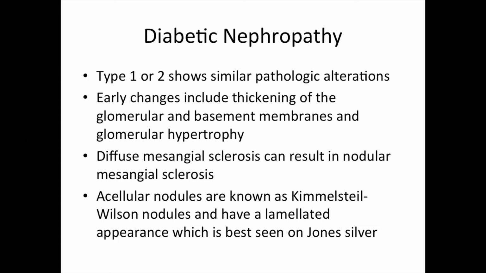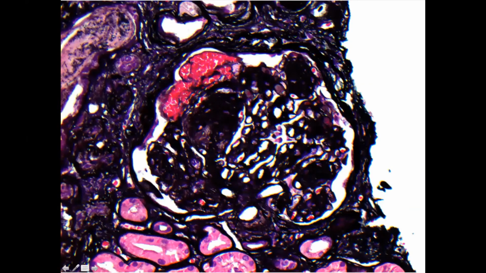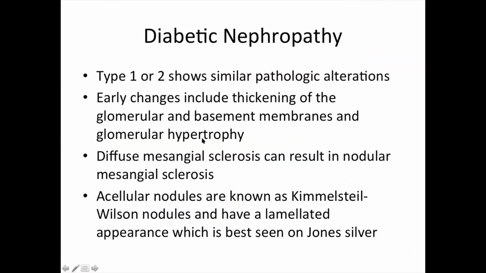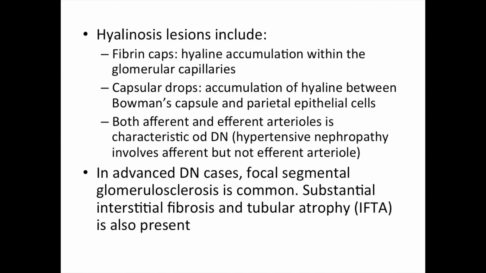After that, we will have diffuse mesangial sclerosis. That can result in vague nodularity, and then when it matures it becomes nodular mesangial sclerosis. These acellular nodules are called Kimmelstiel-Wilson or KW nodules, and they have a laminated appearance, layers over time, seen on the Jones silver stain.